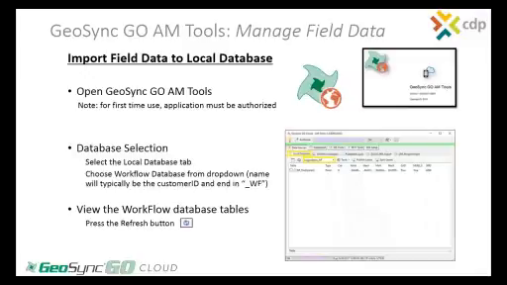So the main step here would be to import your field data to your local database. As you collect the data in the field, it automatically is stored in the cloud-hosted database. You're using, of course, the GNSS receivers. There is no post-processing of the GPS data.